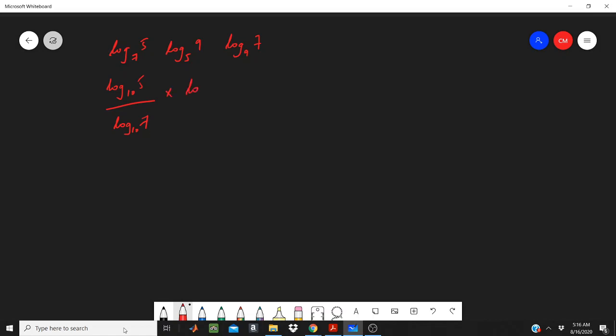Times this can be written as log 10 of 9 over log 10 of 5, and then for this we write log 10 of 7 over log 10 of 9, and we can write this in LG form as well, right? Because this log 10 is the common logarithm. No one really uses this word for it when they speak about it.